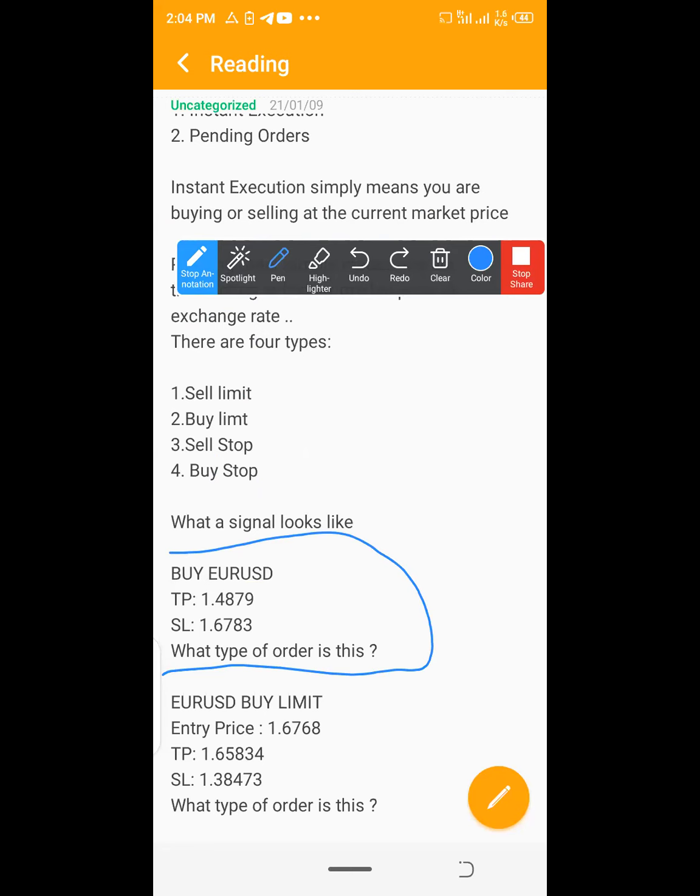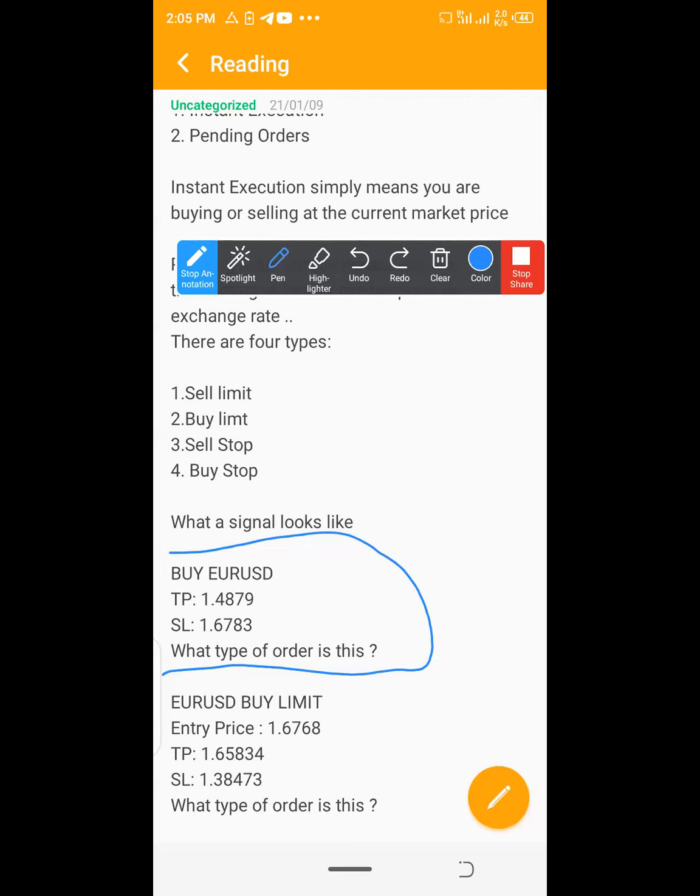Amazing, Damilare, Sunday, Raymond, Amazing Brown. Yes, that is instant execution. Why is it instant execution? It's because it's just telling me buy. It could be buy or sell Euro USD or anything. It's just giving me an instruction that I should do this. That is instant execution.